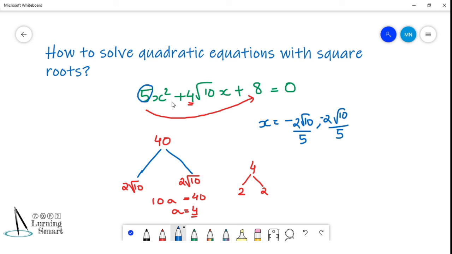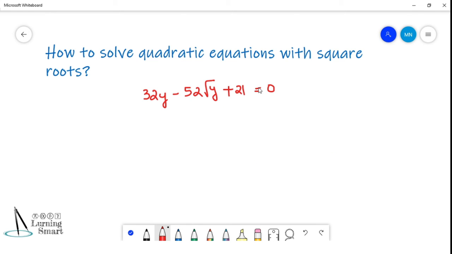In previous cases, the coefficient of x square was 1, so you just needed to factorize and write them out. But if the coefficient of x square is a value other than 1, you should divide by that value and find the solution.